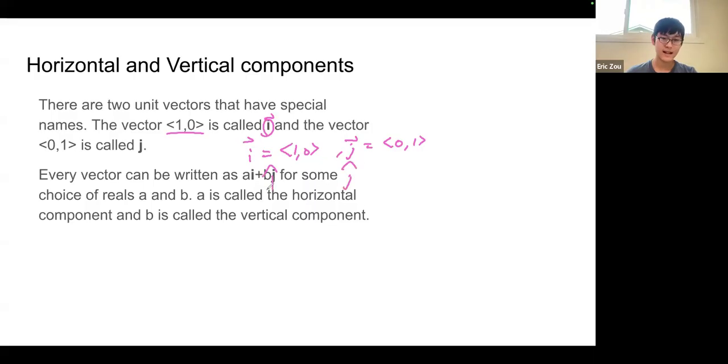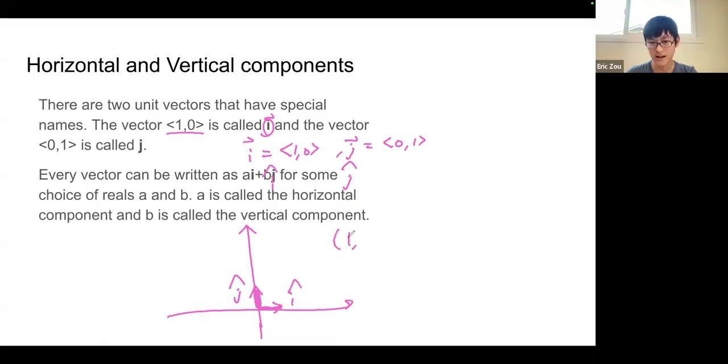Every vector can be written as AI plus BJ, and this is intuitive because if you have a coordinate plane, I is basically the vector that's one unit on the positive x-axis, and J is one unit on the positive y-axis.